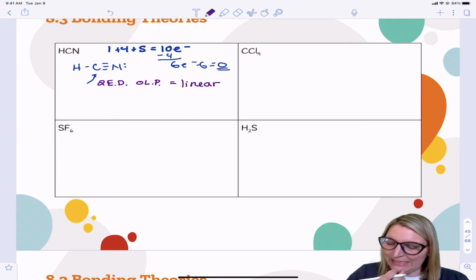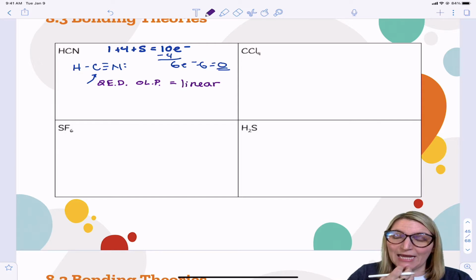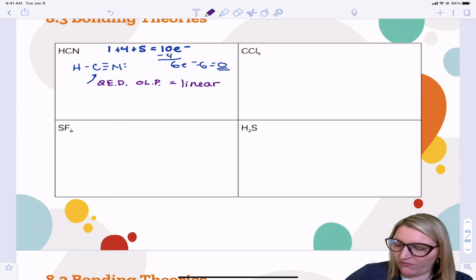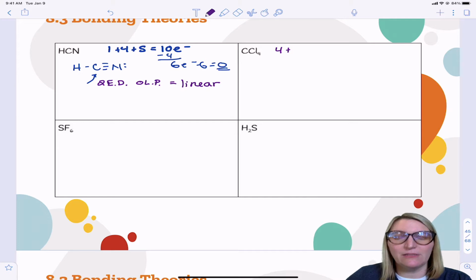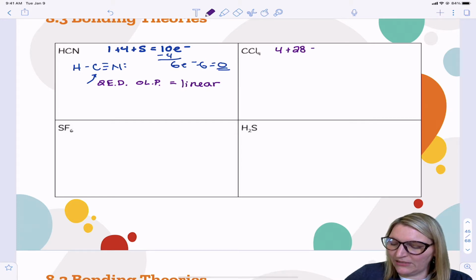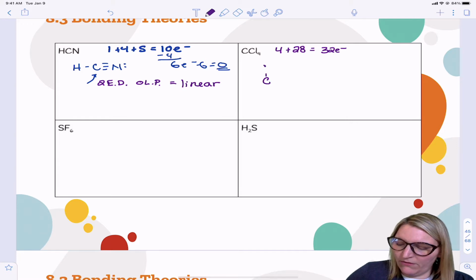The next one, CCl4. We will learn naming at the end of this chapter, but that guy is called carbon tetrachloride. Tetra is the prefix that means 4. Carbon has 4 valence electrons. Each chlorine has 7. 7 times 4 is 28, for a total of 32 electrons. Carbon is in the middle. The 4 chlorines come off of it.